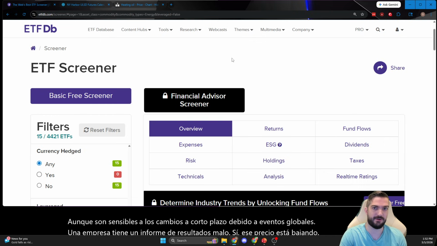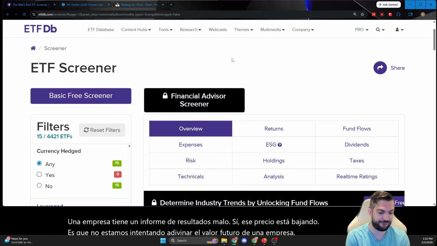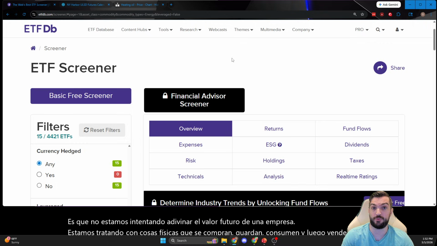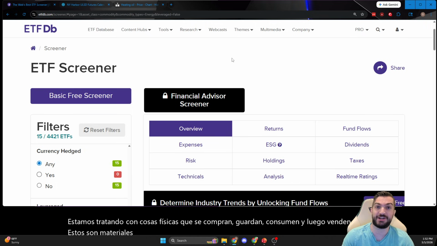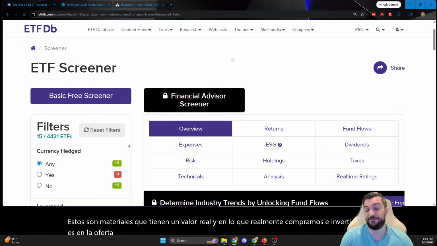The difference here is that we are not dealing in trying to guess the future value of a company. We are dealing with physical things that are bought, held, consumed, and then sold. These are materials that have real value, and what we are actually buying and investing in is the supply, demand, and current need and future need for those goods.